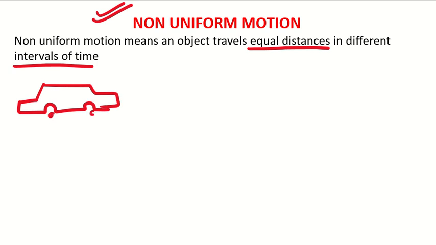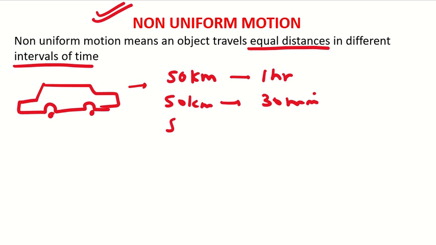If I notice how the time is changing, for the first hour it will travel 50 kilometer, then it will travel 50 kilometer in 30 minutes, then it will travel 50 kilometer in maybe 2 hours, then it will travel 50 kilometer in, suppose, 45 minutes, right?